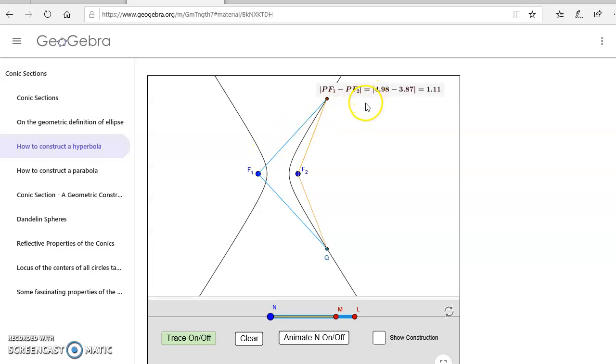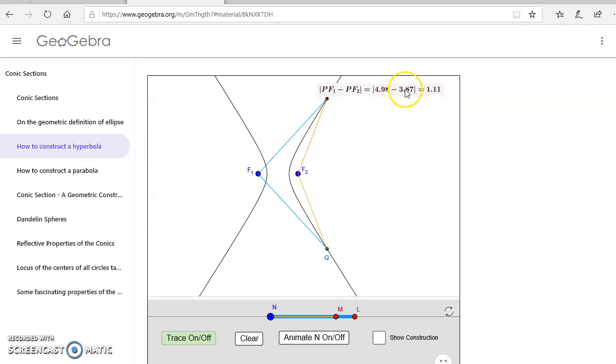But in the hyperbola case, it actually is defined by the difference of those distances. So the distance from this point up here, it's called P, to F1 minus the distance from P to F2 is set for this hyperbola to be 1.11.